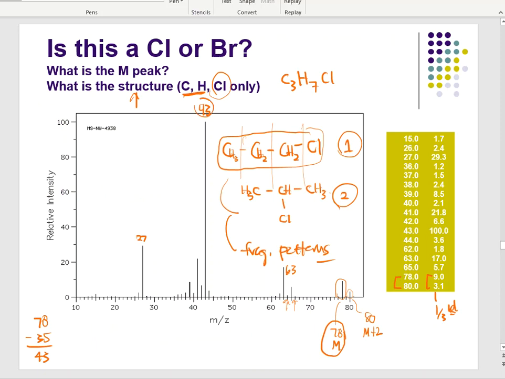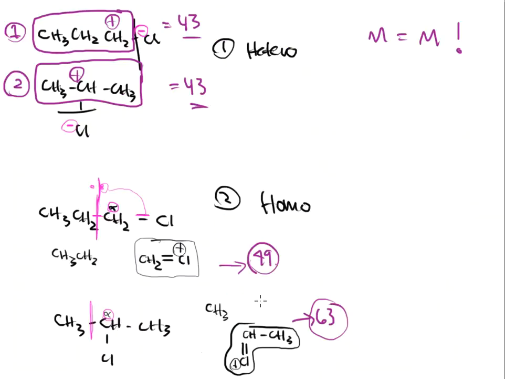And it looks like 43 is the base peak. So that one's not a problem, right? 43 was going to happen in either one of these scenarios. Who cares? We can't use that as a judgment. What we can use, though, is the second way that halogens prefer to cleave, and that's the homolytic. And this scenario would give me a peak of 49, and this scenario would give me a peak of 63.